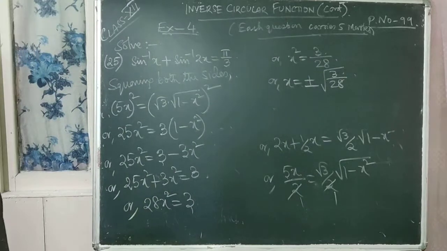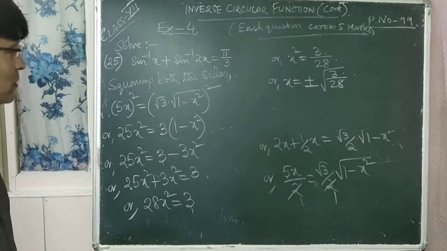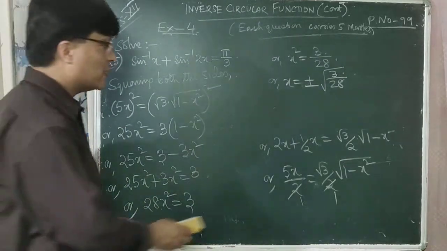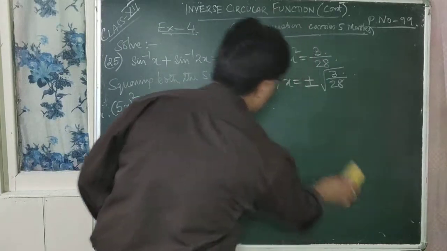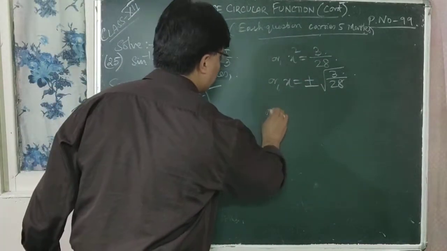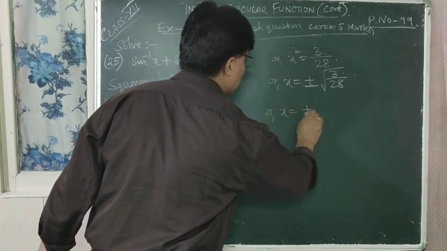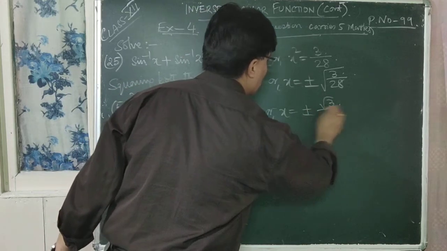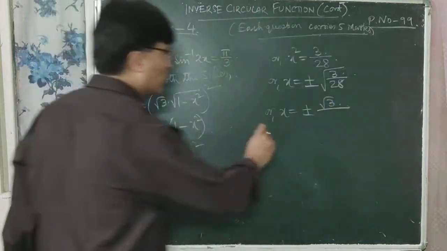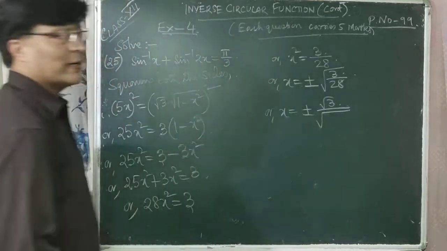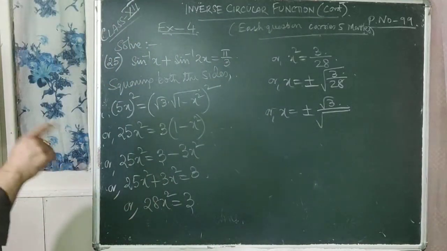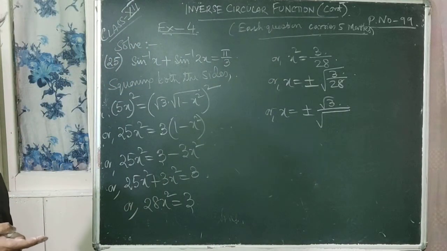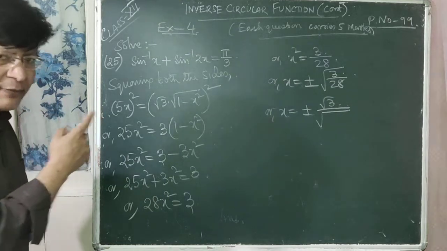Is that clear to all of you? x is equal to plus minus root over 3 divided by root over 28. Now you can write square root in both numerator as well as denominator, root 3 by root 28.